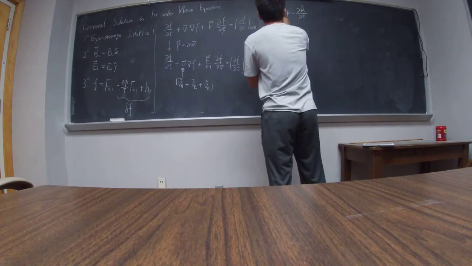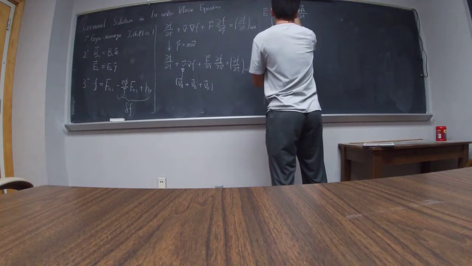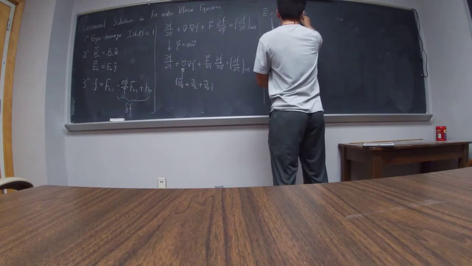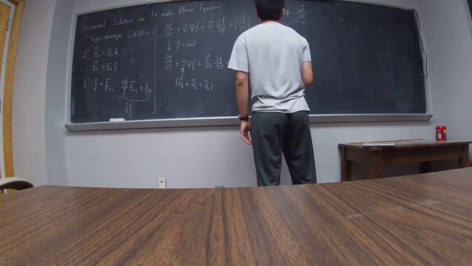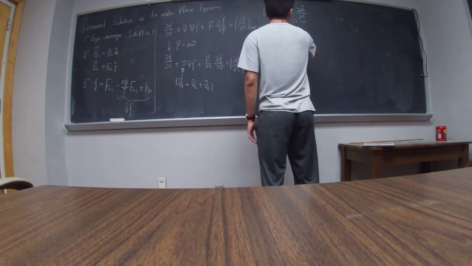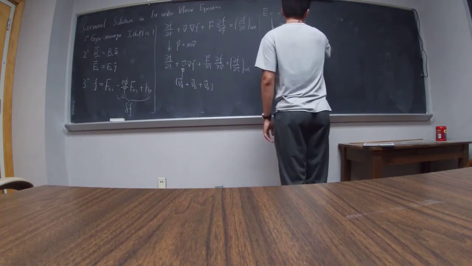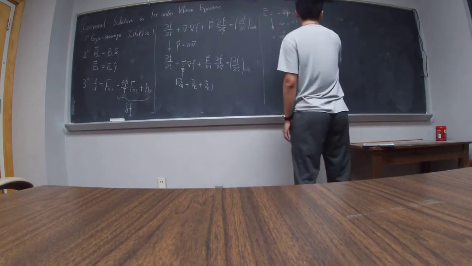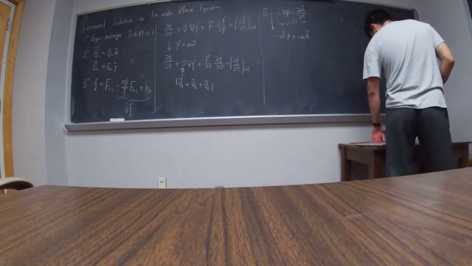If we assume every quantity is proportional to e to the i k x minus i omega t, we have negative i k phi plus i omega A parallel, for the most general way of expressing it.